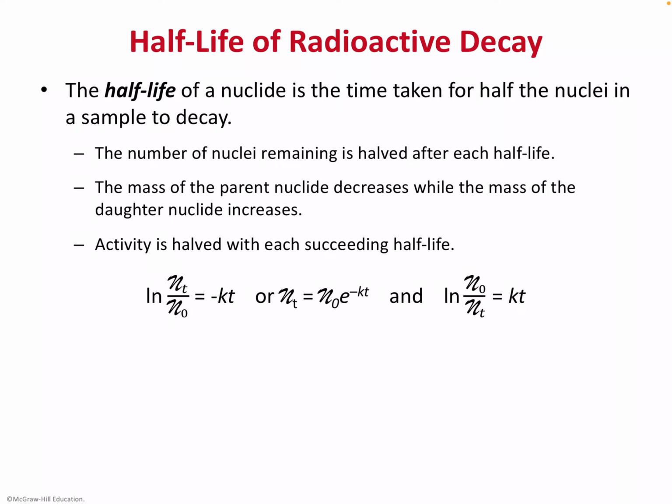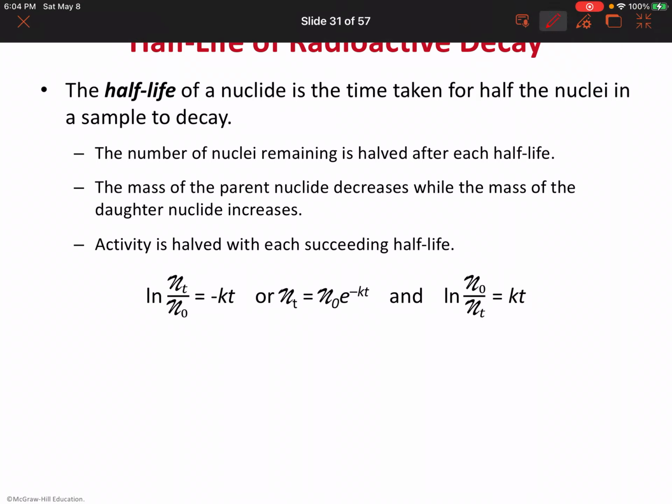Sometimes instead of N, we can also use A as the activity: ln A naught over At equals kt, because N is proportional to A.